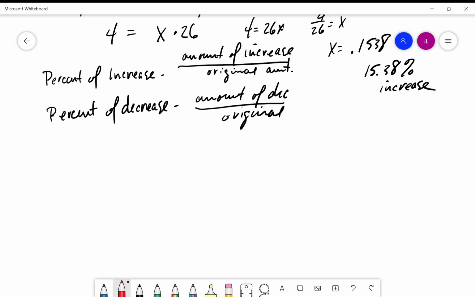All right, so we'll look at another example here. We'll look at a decrease.